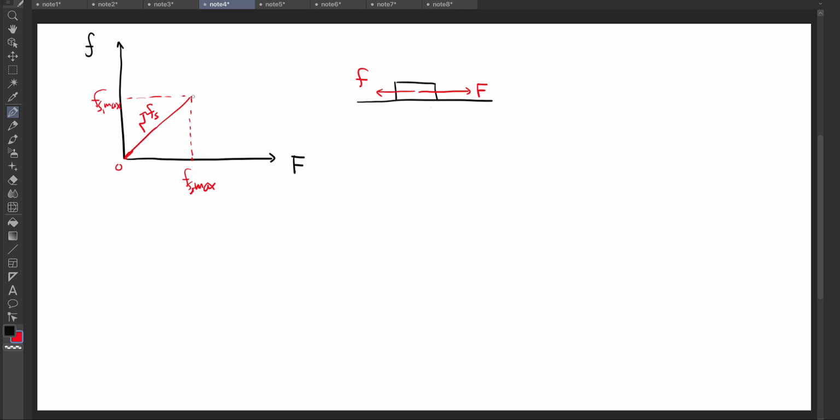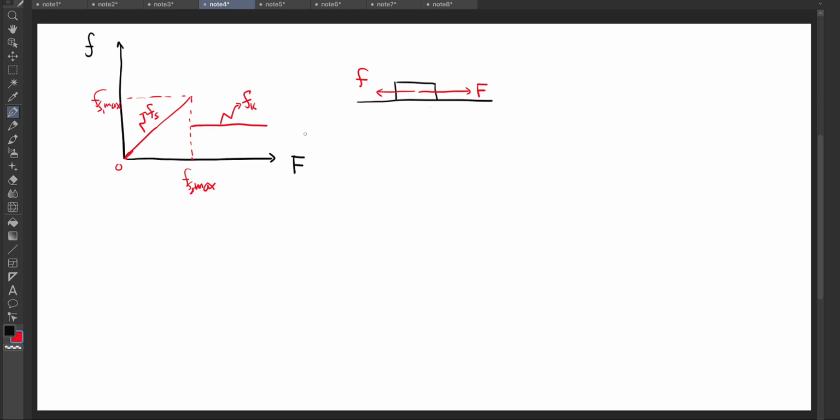Now after that, the friction force drops down to another value, which is a fixed value that we just talked about, given by mu k times the normal force. And this curve here represents Fk.